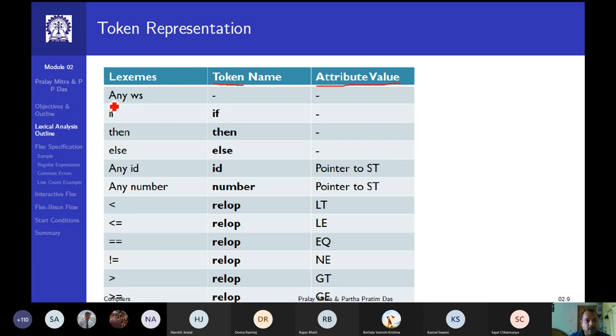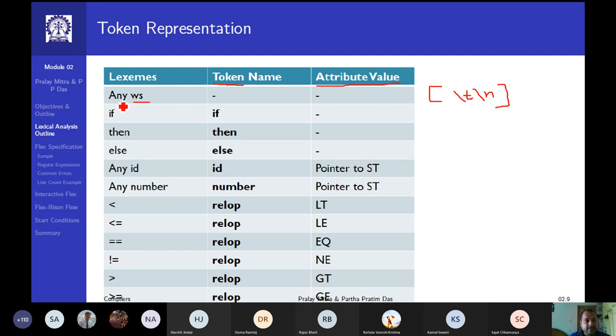The first row here is any WS. WS indicates white space characters. It also indicates tab and newline. Usually it is written like this: space, \t, \n.